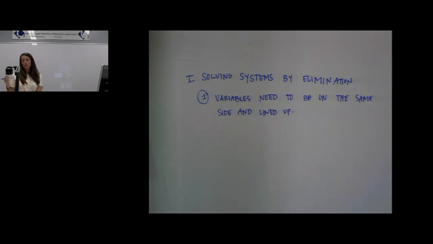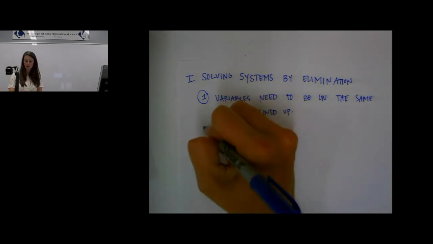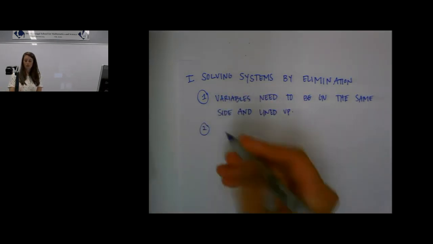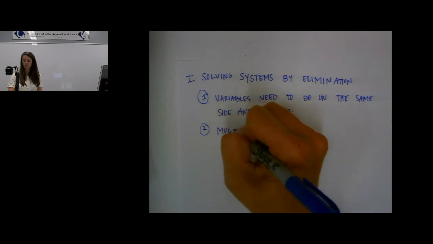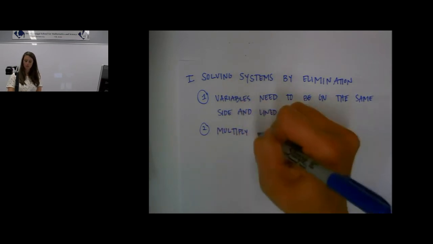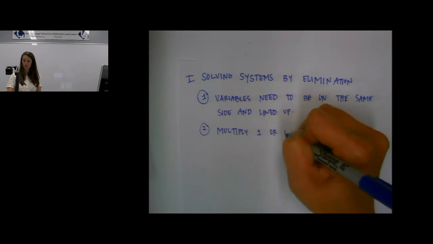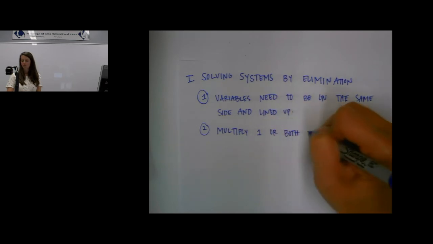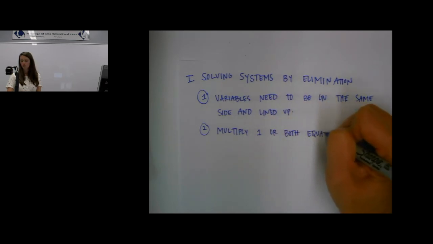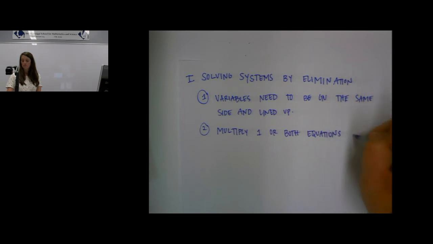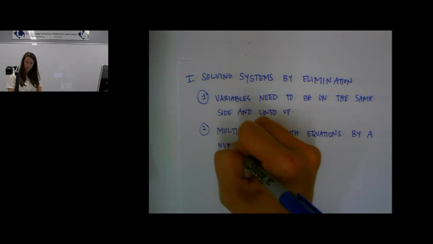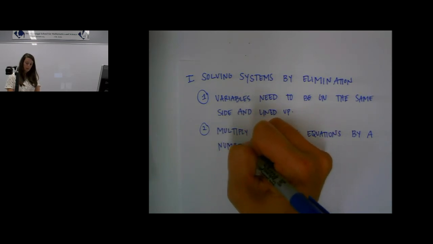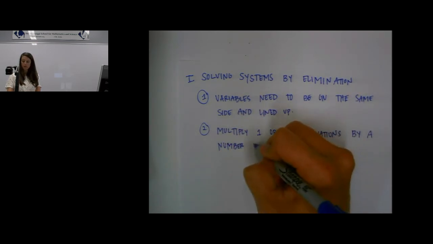Okay? You may need to multiply one or both equations by a number. Maybe a negative, I don't know, by a number.